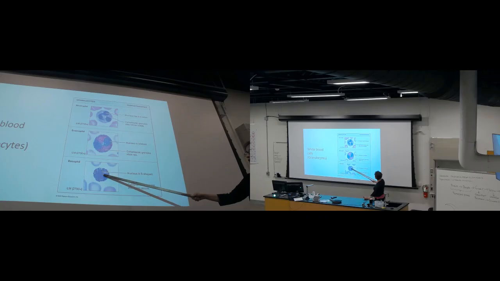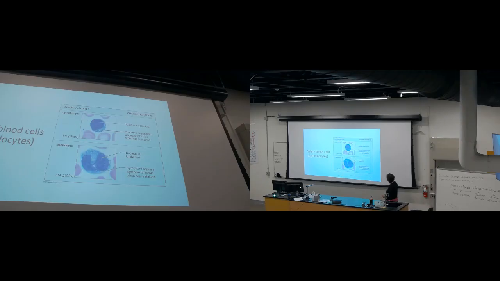Basophils have an S-shaped nucleus and so many granules that stain dark purple, and these granules prevent the nucleus from being seen. So these are the three granulocytes.